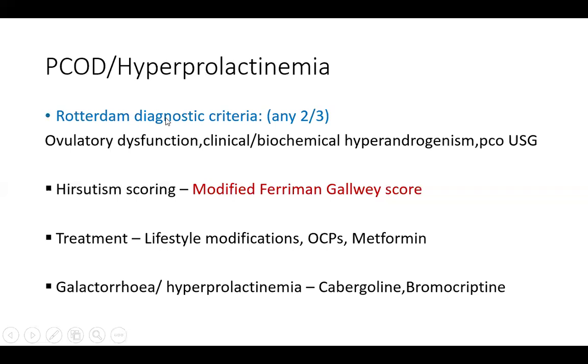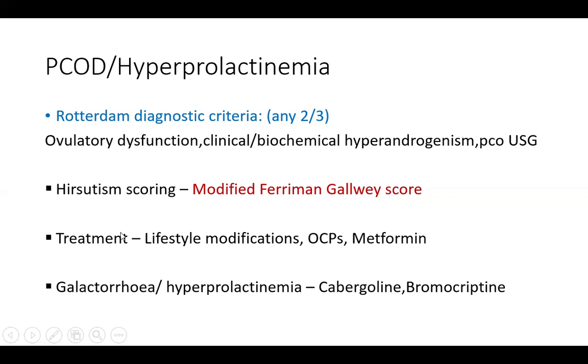Next is PCOD or hyperprolactinemia. The important diagnostic criteria which is used is Rotterdam. Out of these three, any two should be there to diagnose PCOD. It can be either ovulatory dysfunction containing oligomenorrhea or amenorrhea, or clinical or biochemical parameters indicating hyperandrogenism, and ultrasound showing a polycystic ovarian morphology.